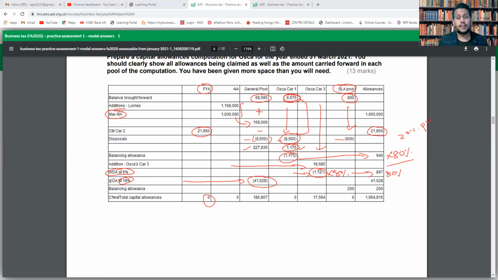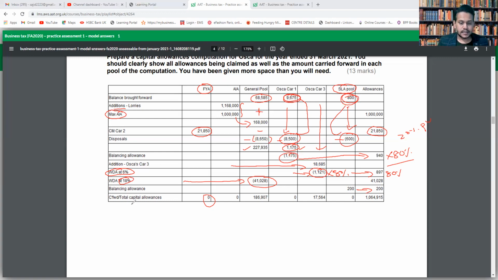And the special rate applies when the car emission is more than 110 gram. And we have a balancing allowance because we sold it for 600 and the opening balance was 800. The balance is a positive balance, and it will go as a balancing allowance.